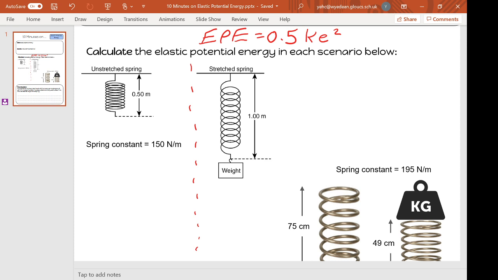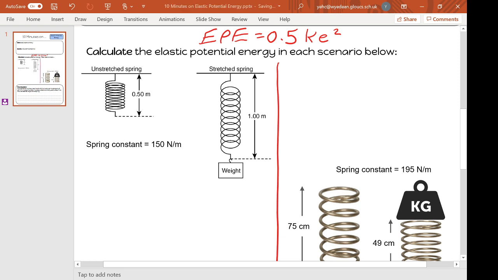So for example, in this case, we have to work out the extension because the question gave us the starting length of the unstretched spring and the final length of the stretched spring, but it didn't give us the extension itself. So we have to work that out.